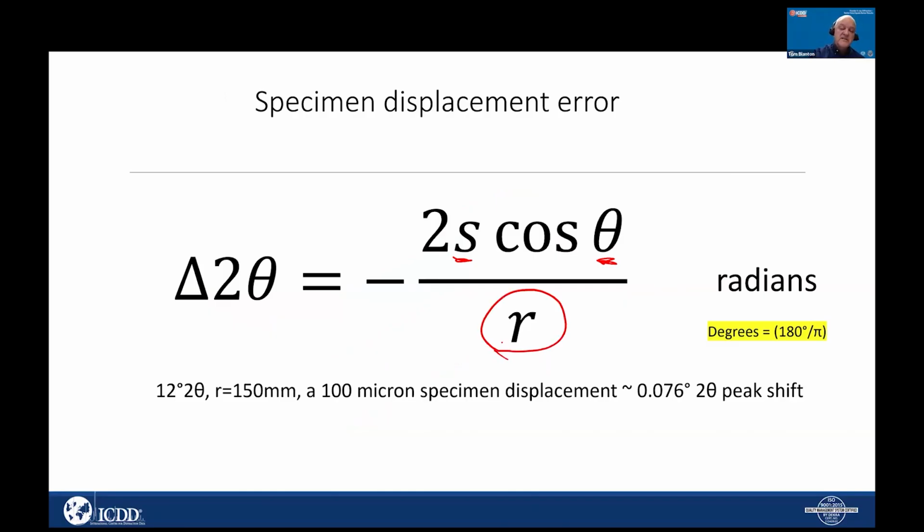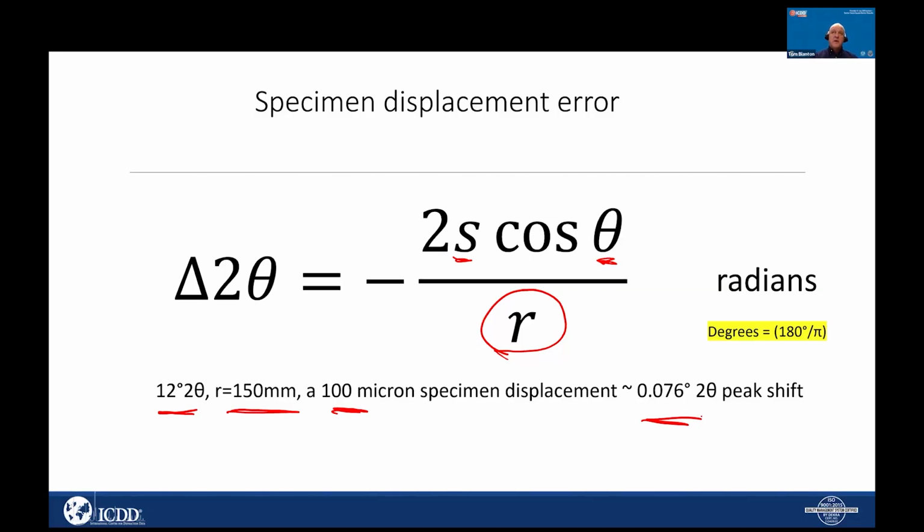You talk about the radius of the diffractometer, but you'll notice we don't have a linear attenuation coefficient here because this calculation is independent of the composition, strictly on the positioning of the sample, your displacement S. And again, here's a case where if you're at 12 degrees 2 theta, the radius, like a benchtop diffractometer, 150 millimeters, and if you had 100 micron specimen displacement. What's 100 microns? Not too dissimilar from the thickness of a human hair. You will shift about 0.08 degrees 2 theta in this particular case, okay?